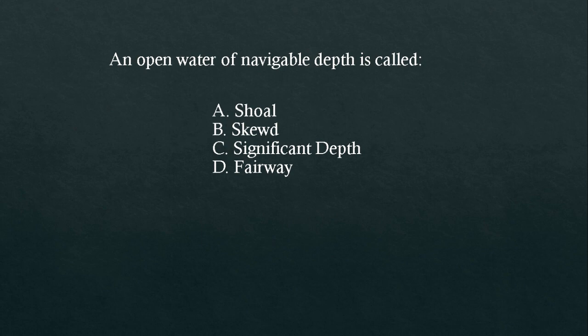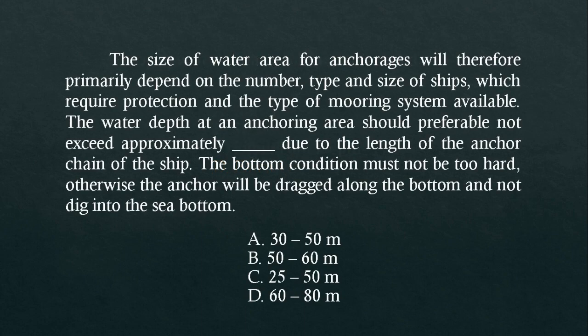An open water of navigable depth is called. The size of water area for anchorages will therefore primarily depend on the number, type, and size of ships which require protection, and the type of mooring system available.